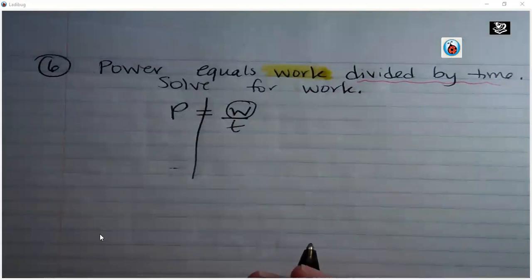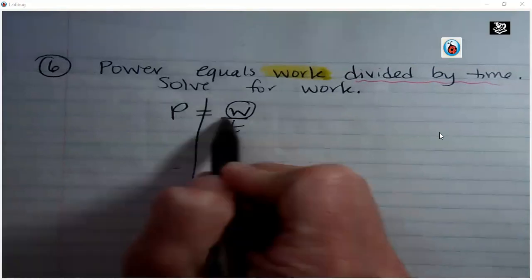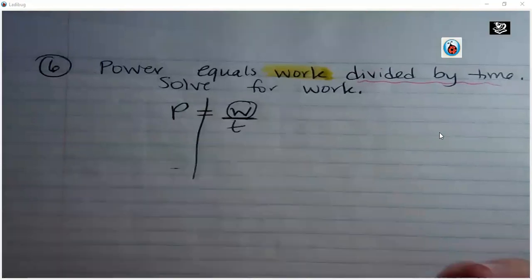Are you muted? All right, let's try somebody else. How about Will? What needs to move? What letter has to move away from the W? The T. Naz, this is dividing. What's the opposite of dividing, Naz?